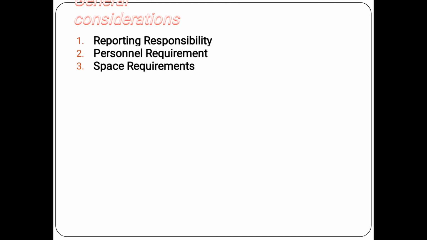There is a separate space for quarantine purposes, like raw material quarantine and finished product quarantine, where you have to maintain proper temperature, humidity, and all those things. Apart from that, in the storage area you have to separate two sections for your approved product and rejected product. So the space requirement is very much important.